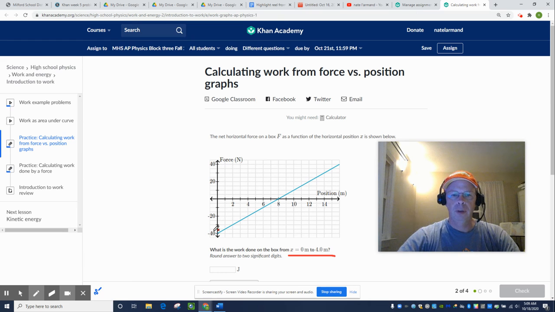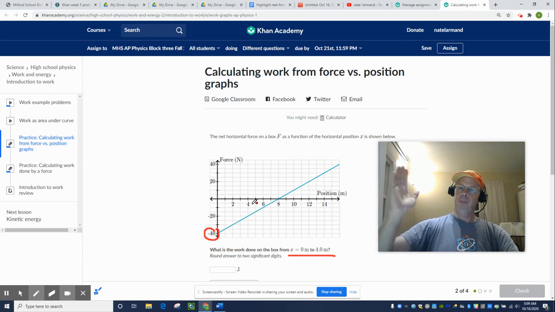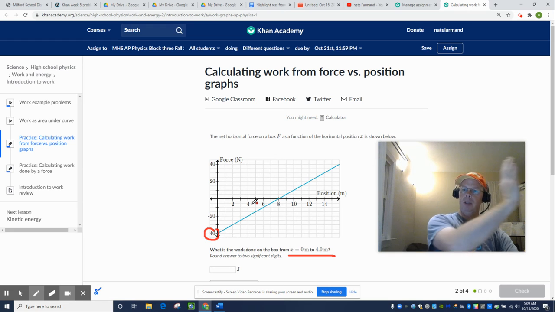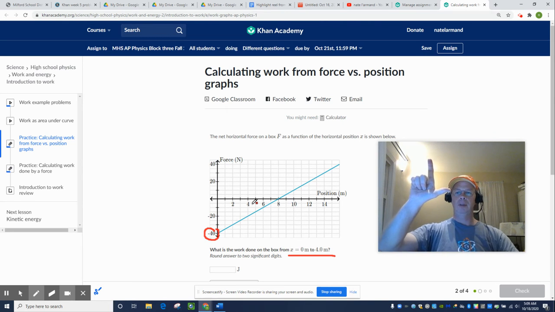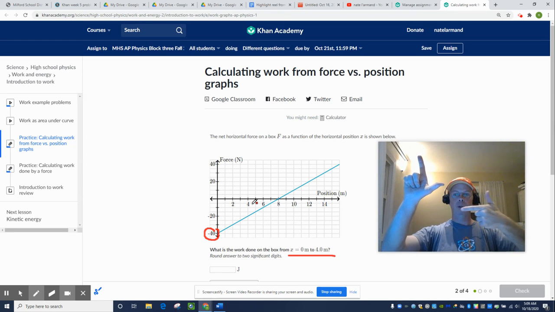This is the maximum force. Okay, so negative 40 newtons. The box is at the origin and then it moves to the right 4 meters while there's a negative force acting on it.